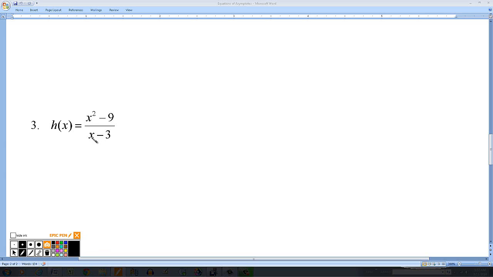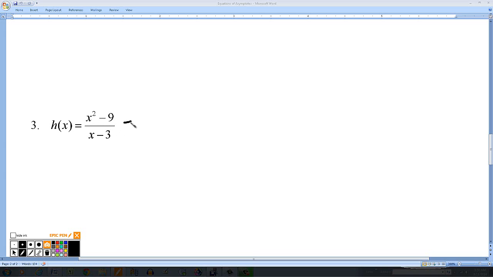The denominator is 0 at 3. So we would say, okay, x equal 3 would qualify as a vertical asymptote. But notice, if I put in 3 where the x is, 3 squared is 9, 9 minus 9 is 0, so that numerator is also 0. So that's not going to work, okay? Because the asymptotes come from numbers that make the denominator 0, but not the numerator.